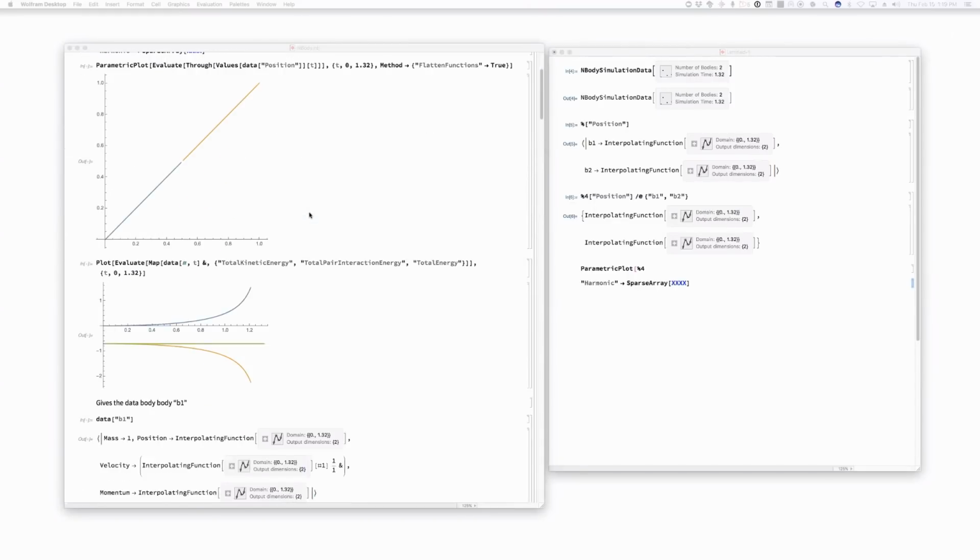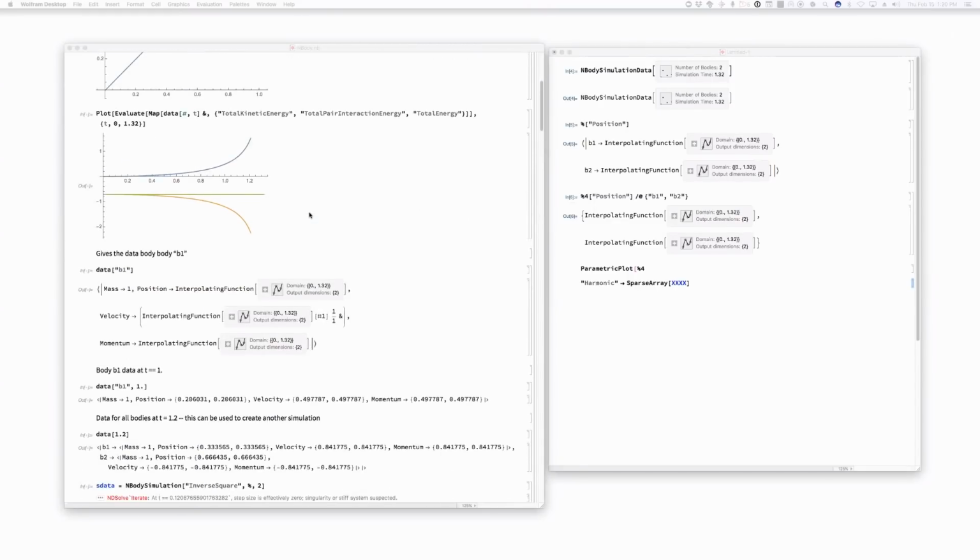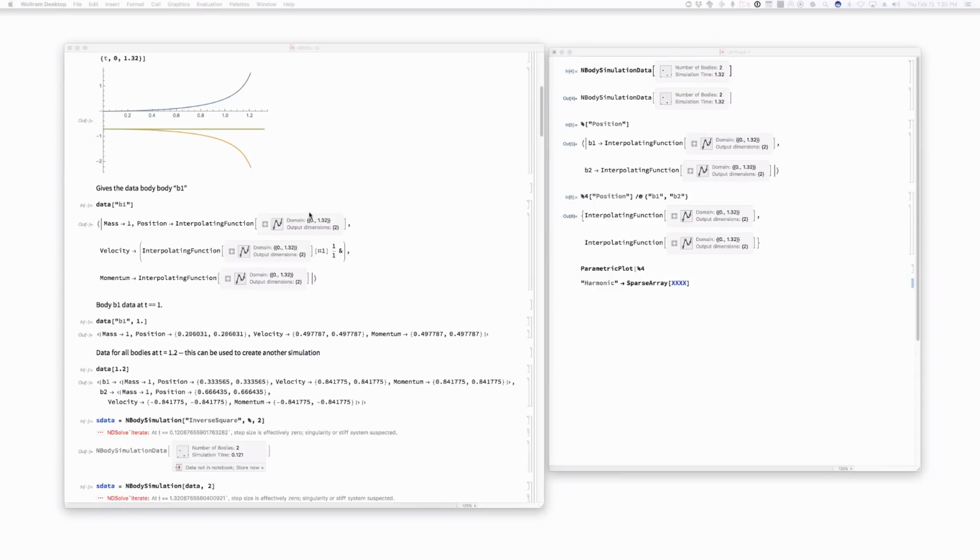Okay. Data on the body B, yes, we know. Data at t equals 1. Okay, that's pretty reasonable. Wait a minute, what is this? That's all the data at t equals 1.2.